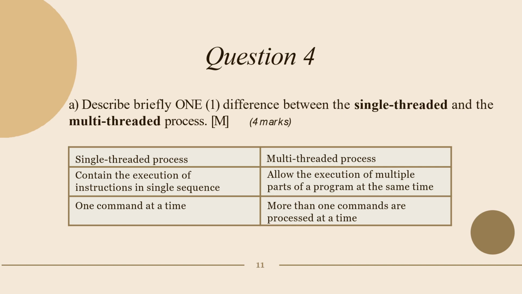A single-threaded process contains the execution of instructions in a single sequence, while a multi-threaded process allows the execution of multiple parts of a program at the same time. And the second one is, for a single-threaded process, one command at a time, and for a multi-threaded process, more than one command is processed at a time.